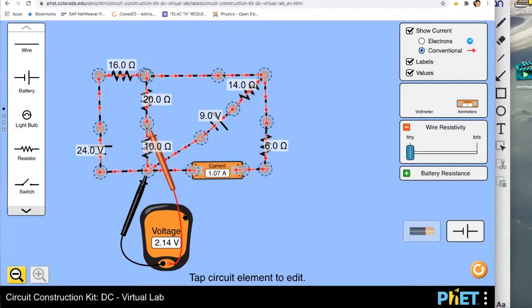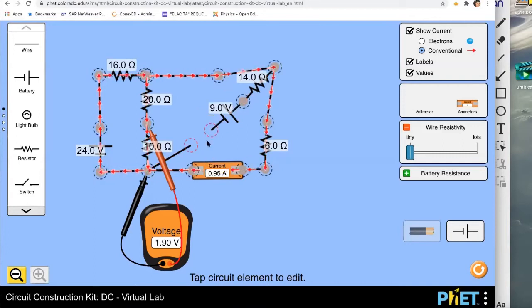And then the current here is coming out 1.07 amps to the left. Of course, the orientation of the battery matters a lot.